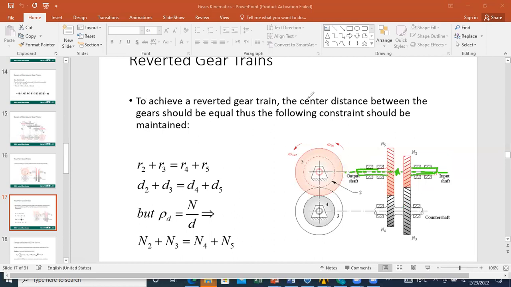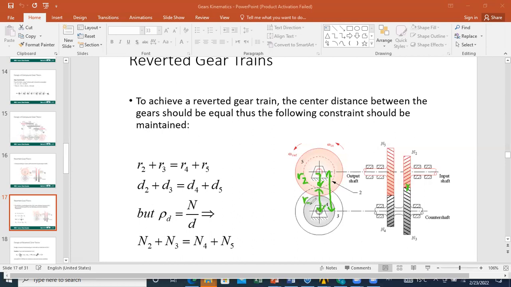Okay, now in this configuration, we have some additional constraints in the design. Why? Because as you can see, 2 and 3 are in mesh. So this means that if I want to consider the distance between shafts here, this total distance can be decomposed into the pitch radius of 2, so this is R2, plus the pitch radius of 3.